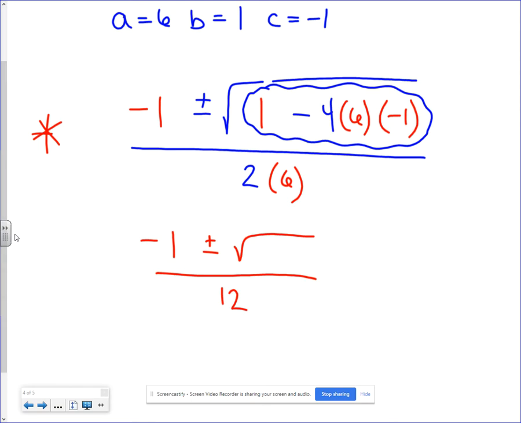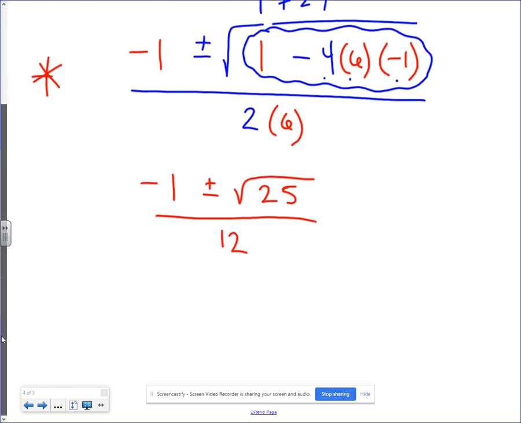So let's calculate the discriminant. So we got 1, and then I got -4 times 6 is -24. Times -1 is +24. So under my square root, I got 1 plus 24. 1 plus 24 is 25. What's the square root of 25? 5.